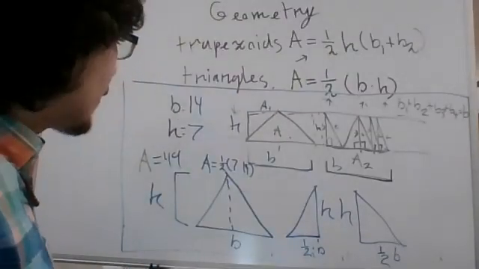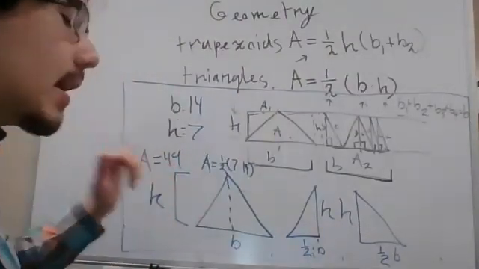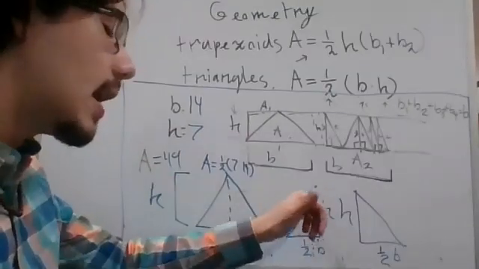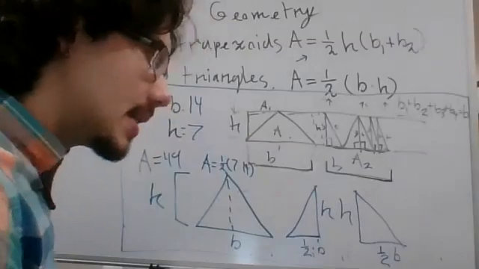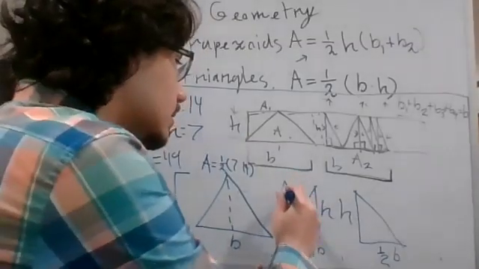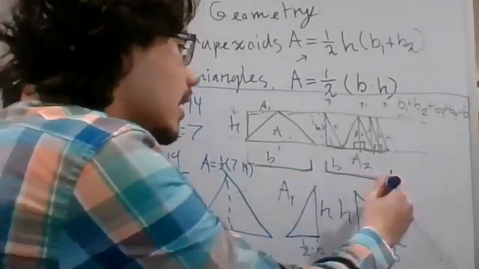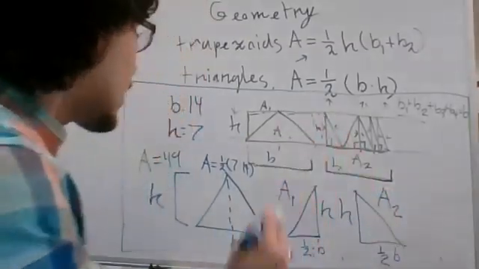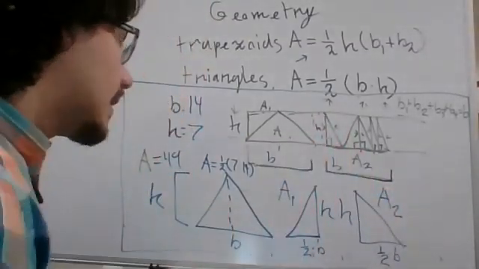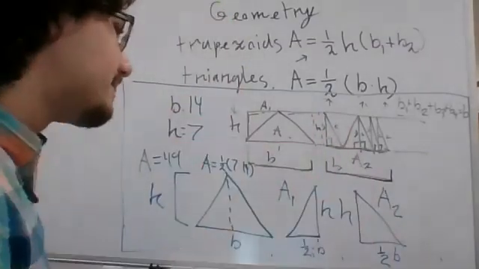Inversely, because we said that we can cut the area in half to find the area of the triangles, we can also see that the area of each triangle must be equal to half of the area of the total triangle. That's what it means to cut it in half.